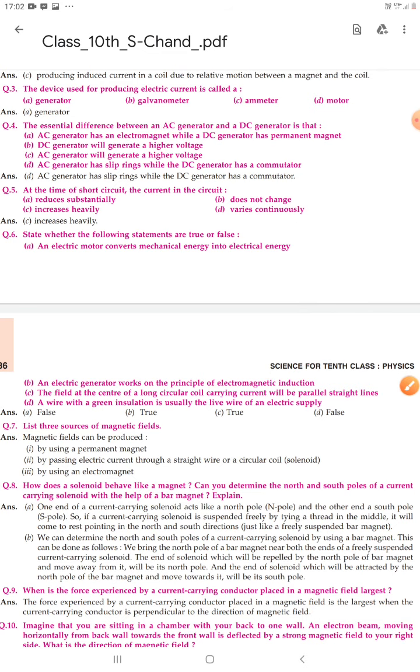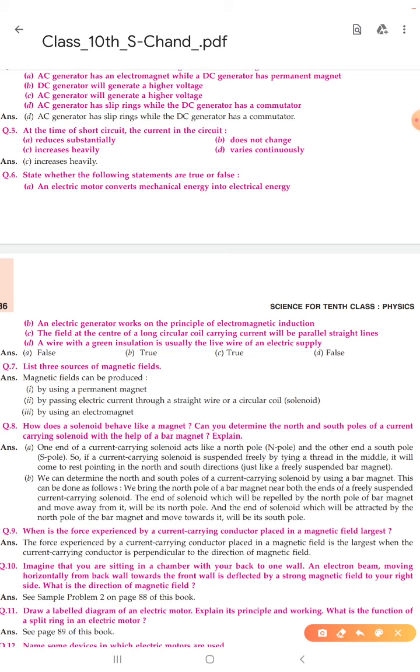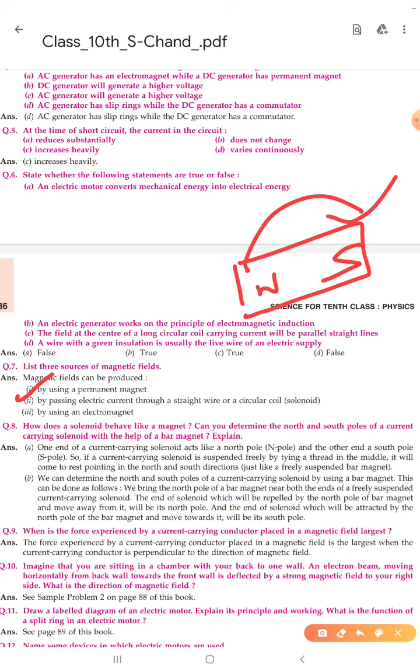No problem. Now next thing, list three sources of magnetic field. How can we produce magnetic field? Please tell me. So the answer should be: by using a permanent magnet, like the bar magnet with north pole and south pole. Number two, by passing electric current through a straight wire or a circular coil.